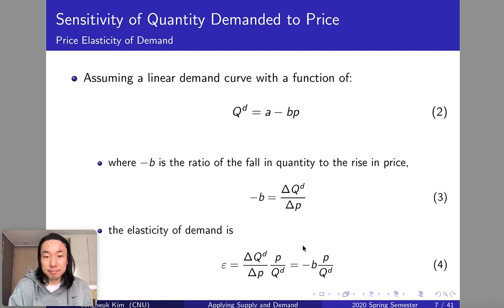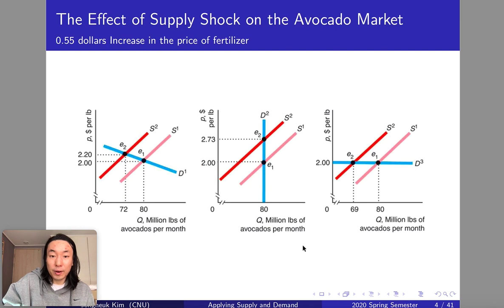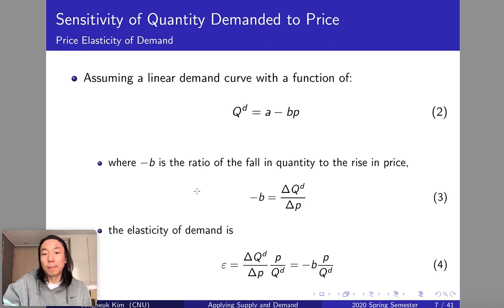So the most important parameter is maybe negative B, because negative B is the slope of this curve, right? And we looked at before that the slope of the demand curve really matters in determining the sensitivity of that demand, right? So negative B is really important information in understanding the price elasticity of demand.